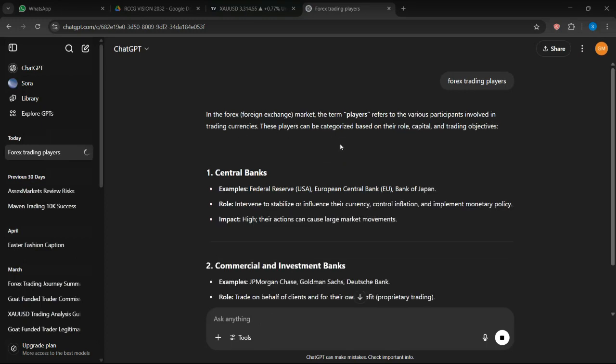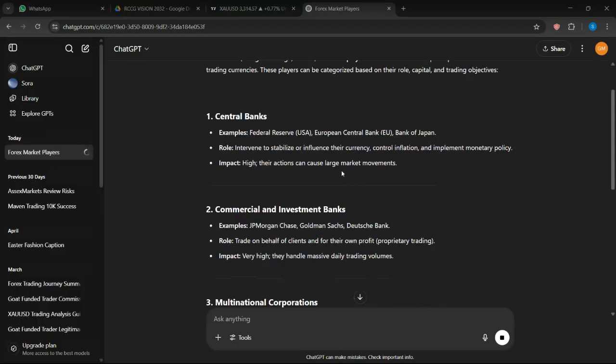These players can be categorized based on their role, capital, and trading objective. Are you still seeing my screen? Yes, sir. Okay, you see that the first thing mentioned there is central banks, which I've mentioned. So these are the big players.